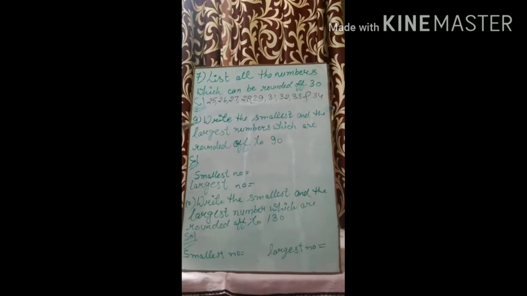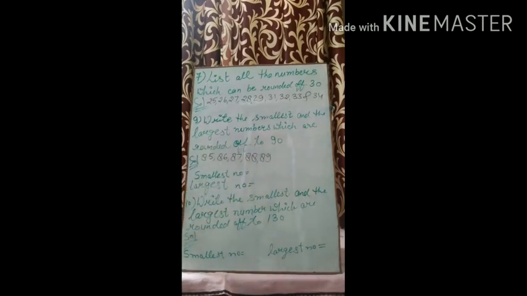The next question. Write the smallest and the largest numbers which are rounded off to 90. For writing the smallest and the largest number, first of all we will write all the numbers which are rounded off to 90. That is 85, 86, 87, 88 and 89.